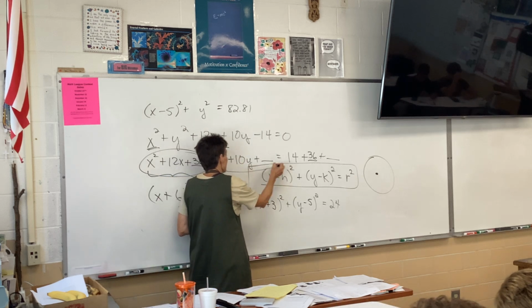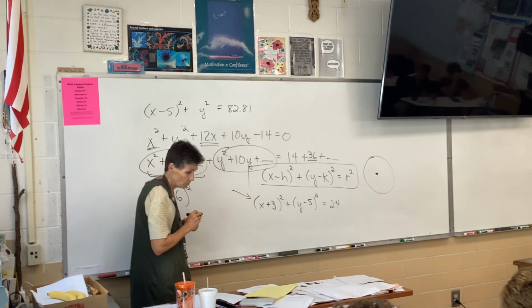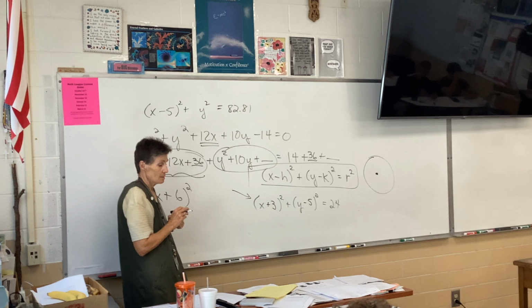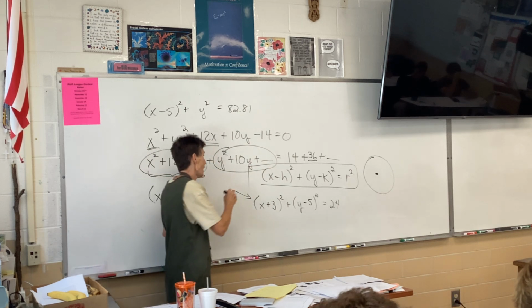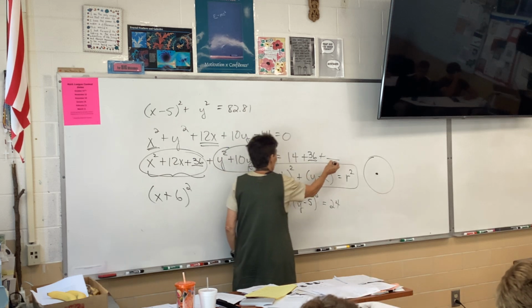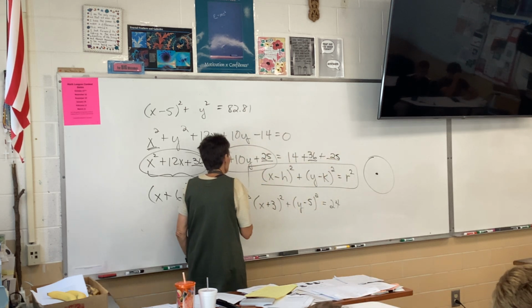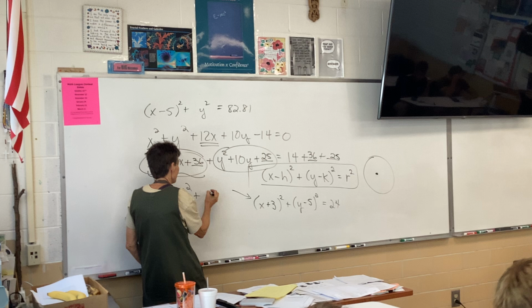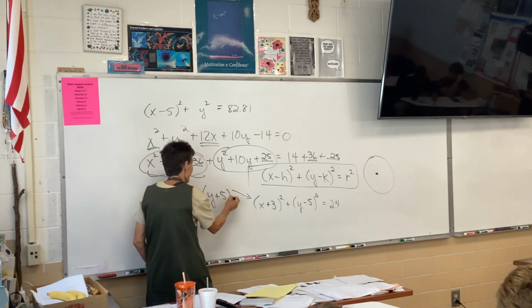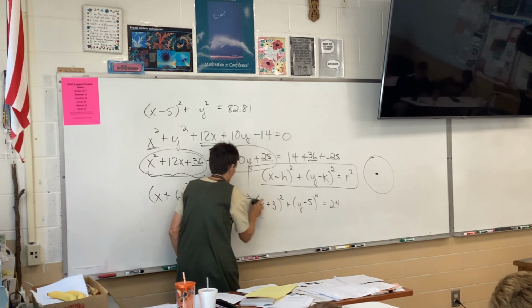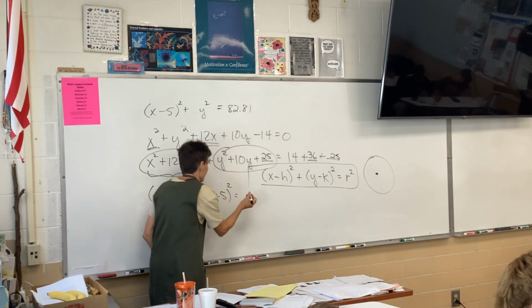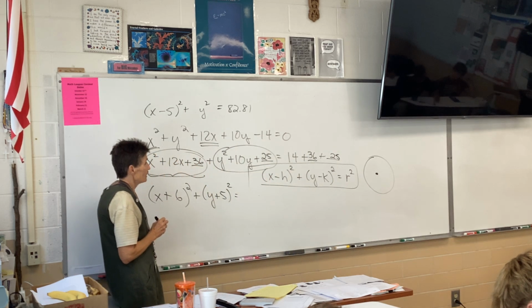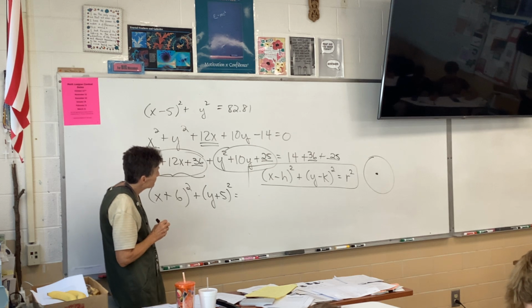Let's repeat with this one. Who can we get here? Scout, can you figure out what goes here? 25. Half of 10 squared. Very good. So that makes that parentheses y plus 5 squared. And then what's it gonna equal?